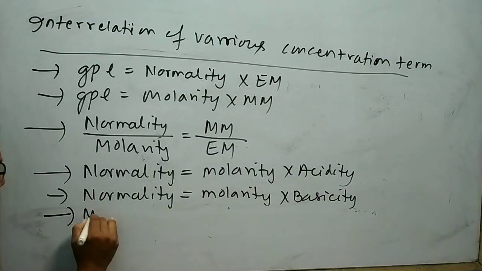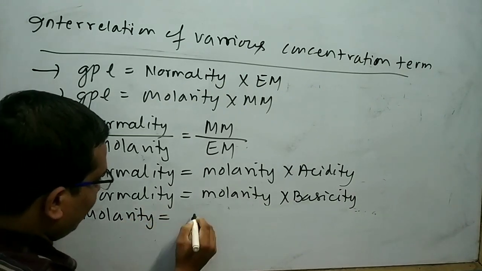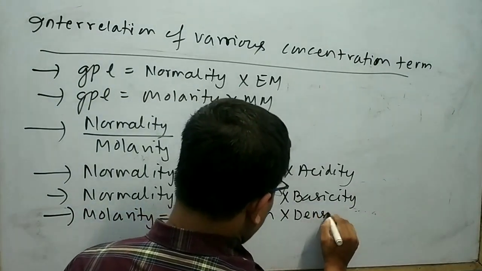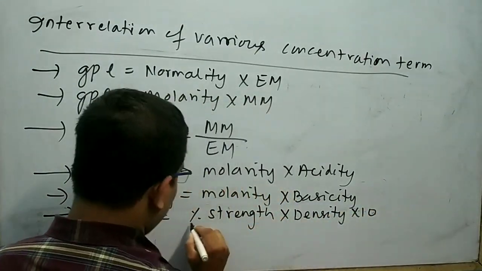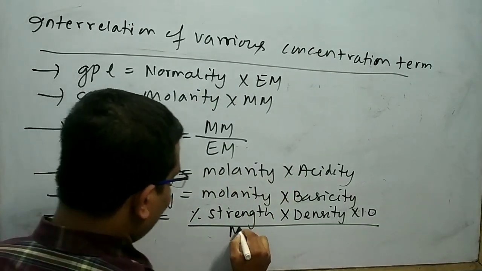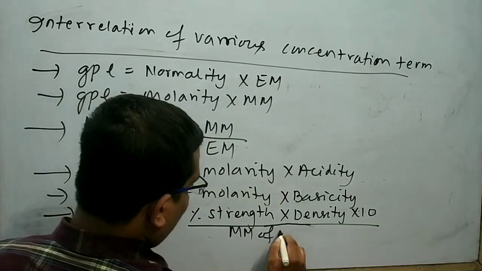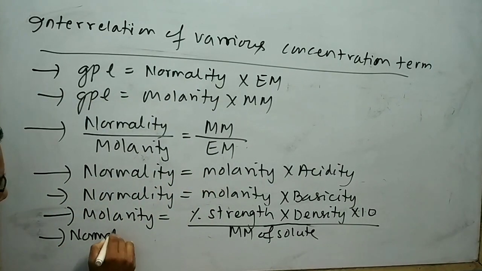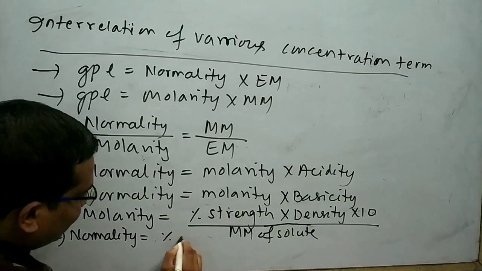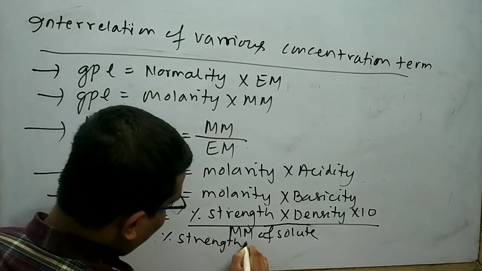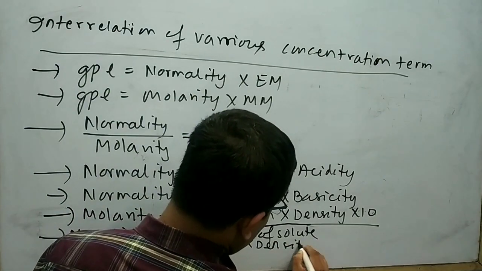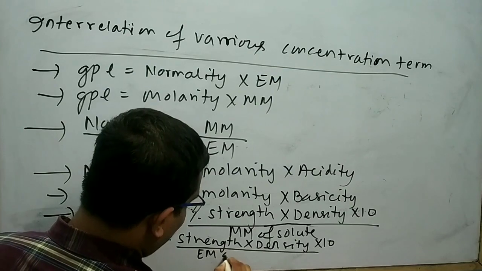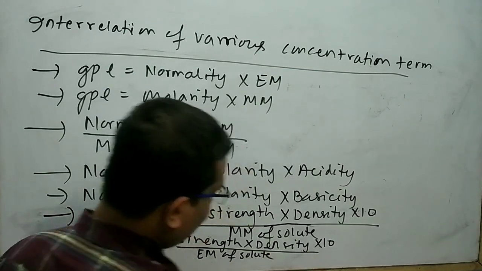Next formula is your molarity equal to percentage strength into density into 10 divided by molecular mass of solute. Next formula is your normality equal to percentage strength into density into 10 divided by equivalent mass of solute.